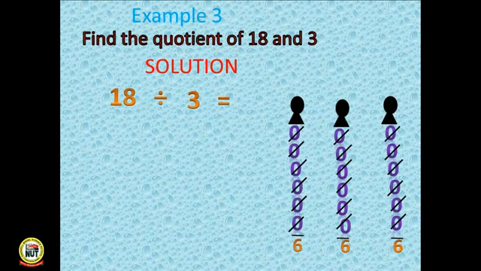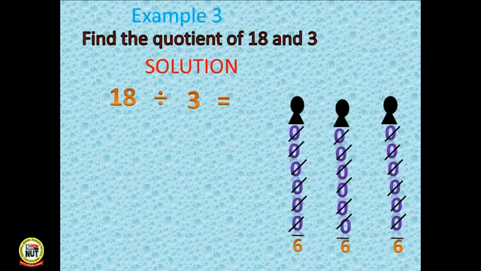That is not enough for us to assume that the answer is actually 6. We have to also count for the last skittle to be sure that each skittle got 6. So you don't stop at any point and assume. We have to count all the beads that have been shared and be sure that the answers are the same. Are we together? Very good.